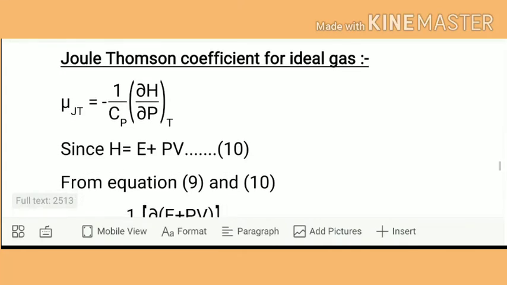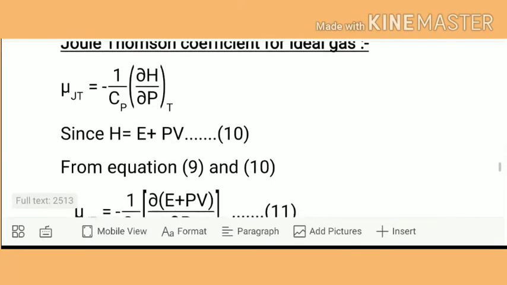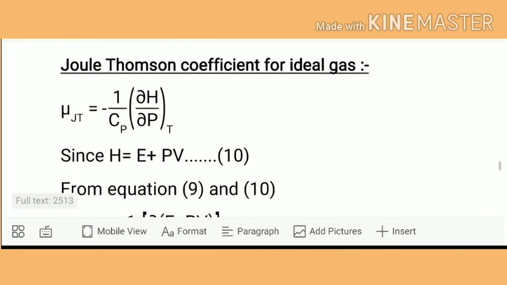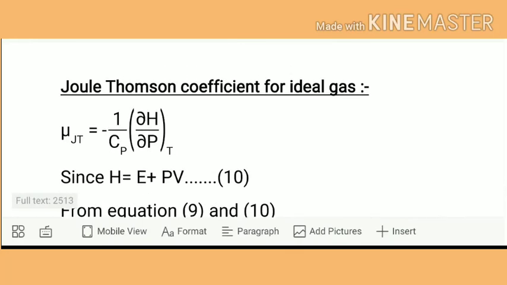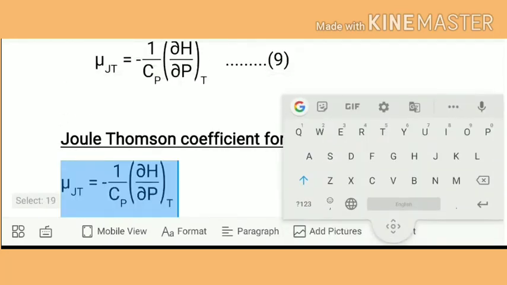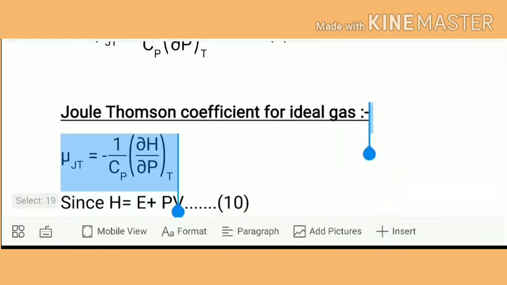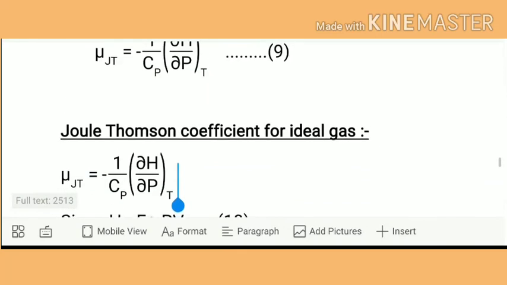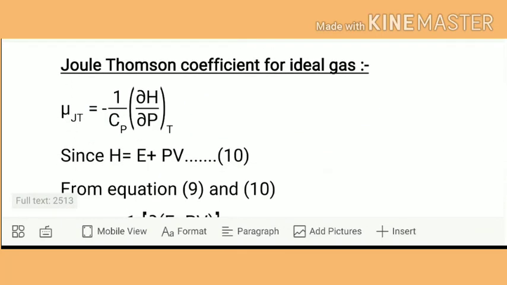You also know that H is equal to E plus PV. This is equation 9 and this is equation 10.